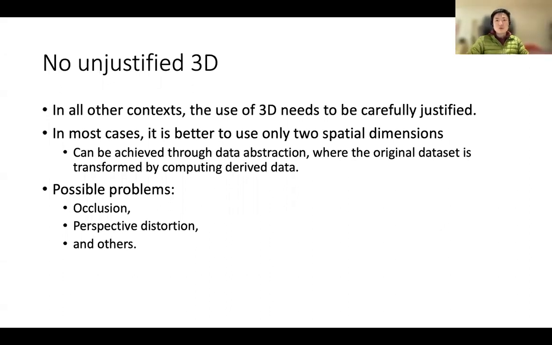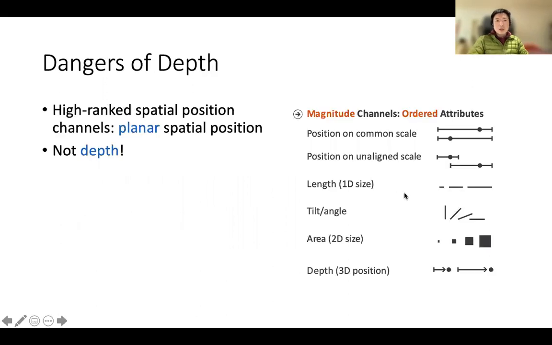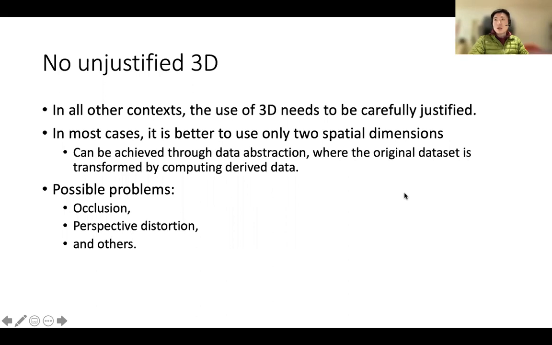The problem with 3D is potential occlusion, in the sense that something in the 3D visualization may block something behind it. You might also have perspective distortion, where things further away look smaller even though they are the same size, and some other issues.